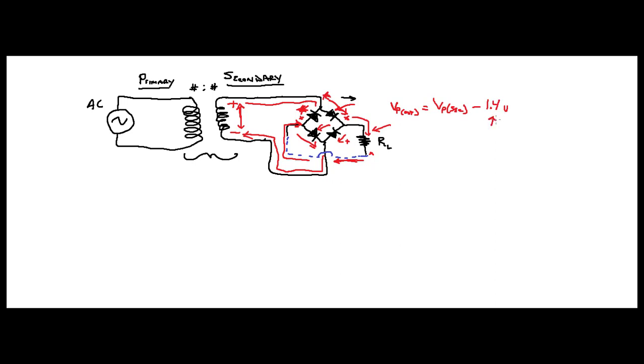And this 1.4 is because you have two diodes, two diode drops, right? And each diode drop equals 0.7 volts, right? So hence 2 times 0.7 volts equals 1.4 volts, right? And that's where this comes from, all right?